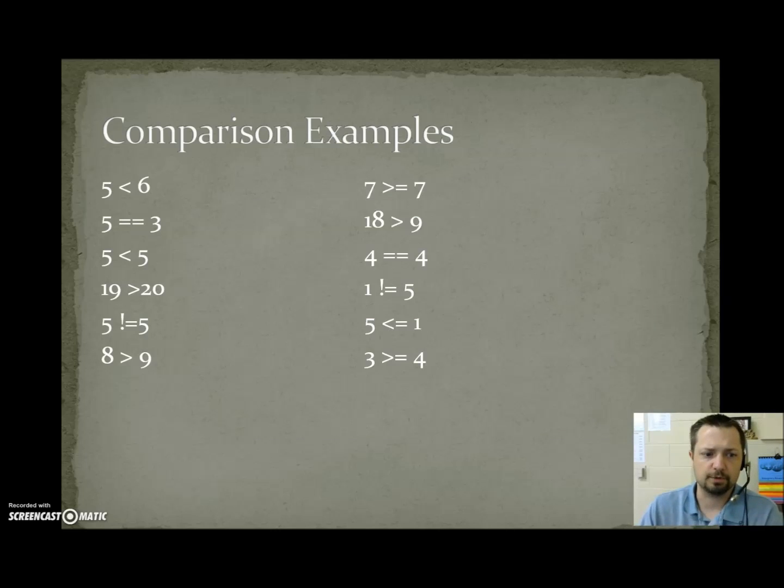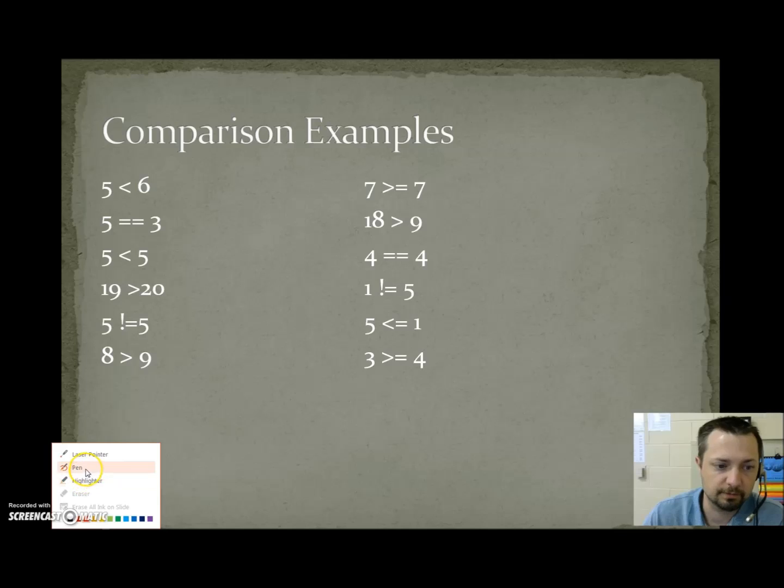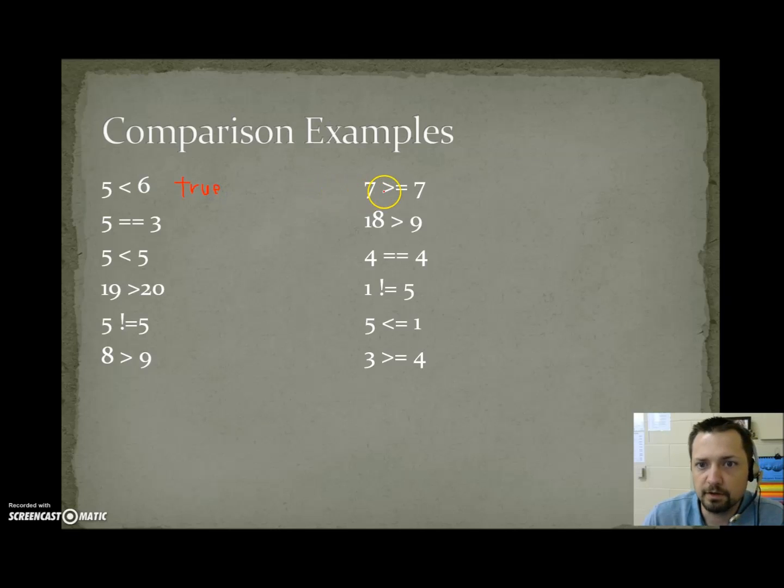Here's some quick examples. So I'm going to grab the pen and we're going to run through these. 5 less than 6. That is a true statement. 7 greater than or equal to 7. That is a true statement. 5 equals 3.